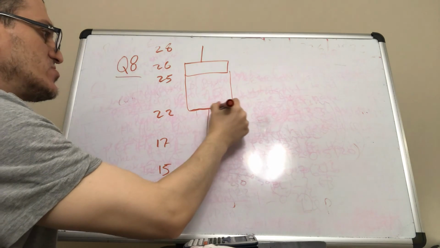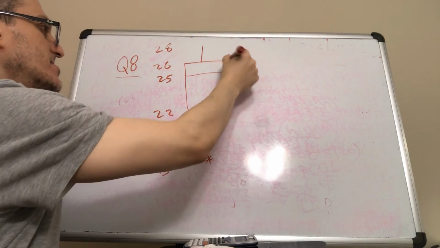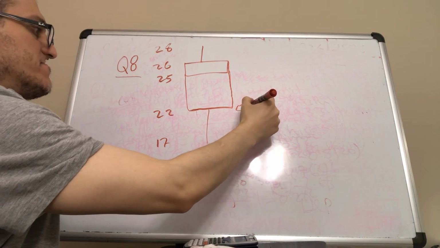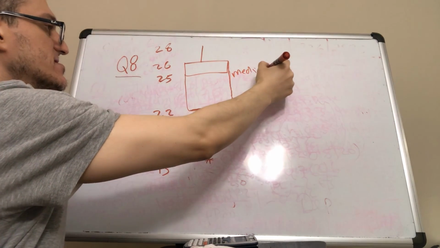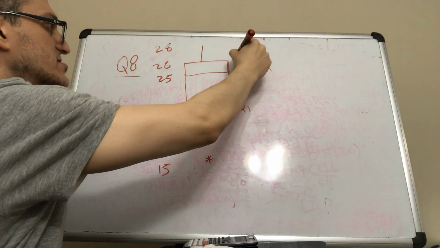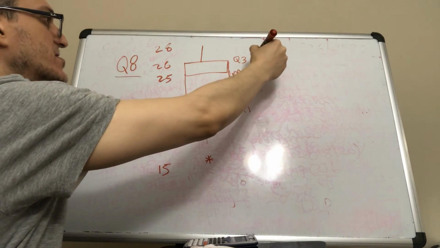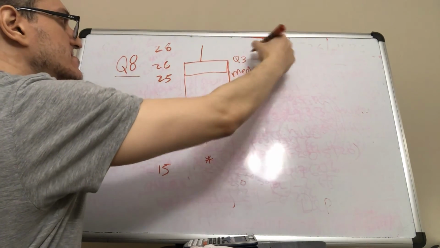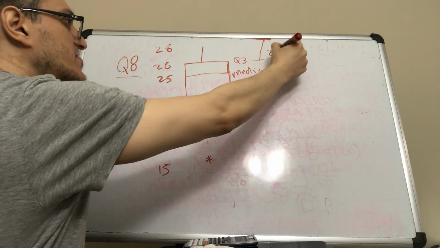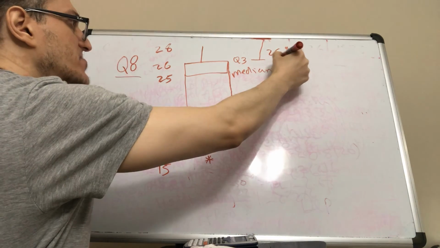Remember, in the actual rectangle here, that would be Q1. This is median. And this is Q3. From this up, from 26 to 28, 25% of the people.